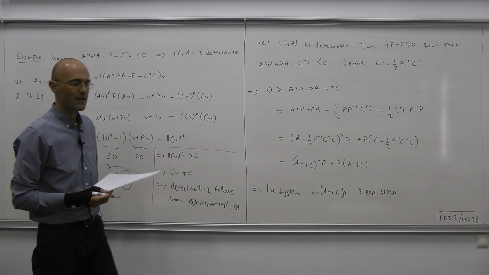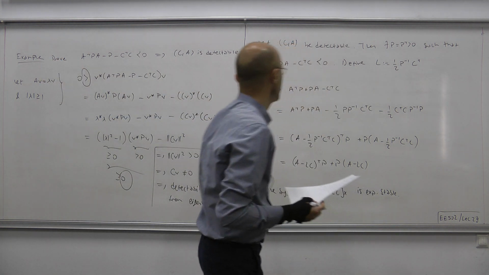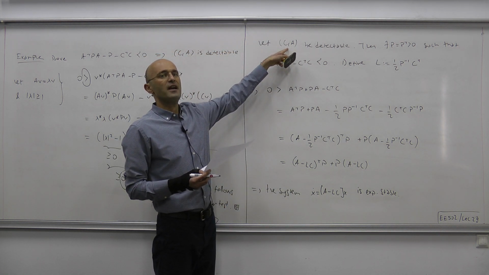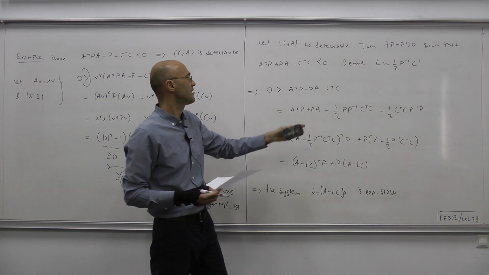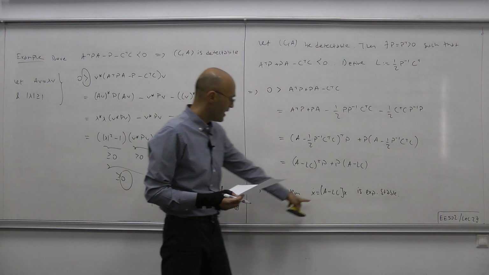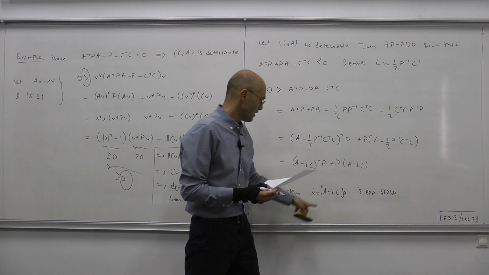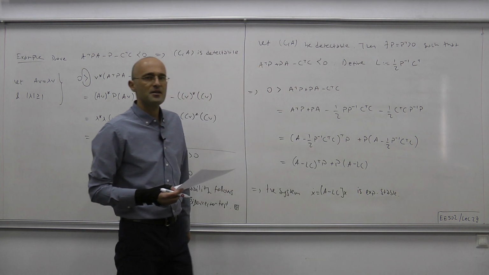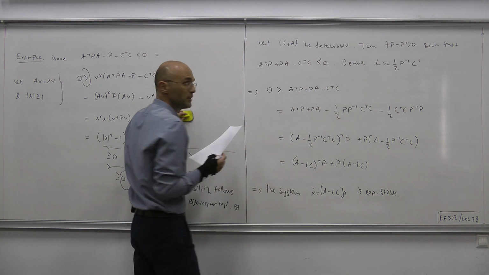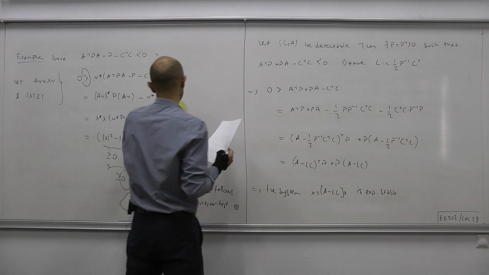Therefore, we can conclude the following: if your pair CA is detectable, then you can always find an L, a gain matrix, such that A minus LC produces an exponentially stable system. So let's put that observation down because it's important for the observer design.